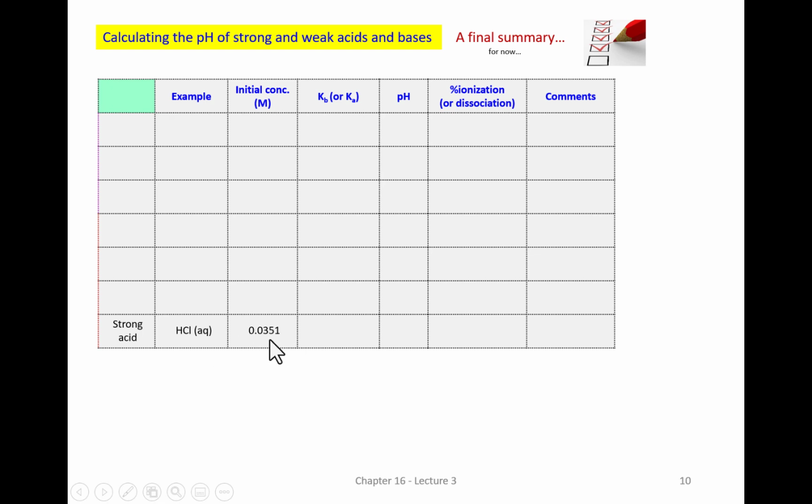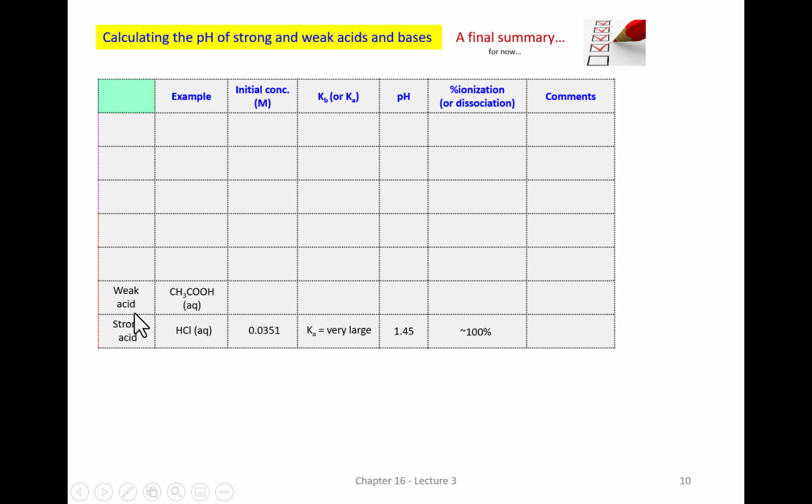Of course, its initial concentration was 0.0351. Does HCl have a Ka value? Yes, but it's ridiculously large because at equilibrium almost all of it goes to product. We calculated a pH of 1.45 and said it ionized about 100%.